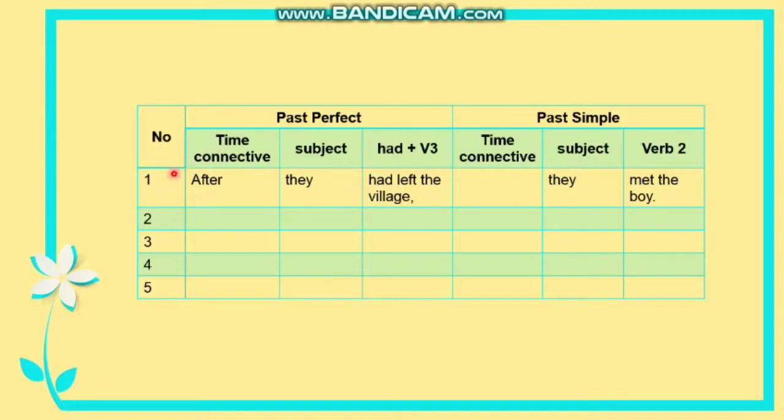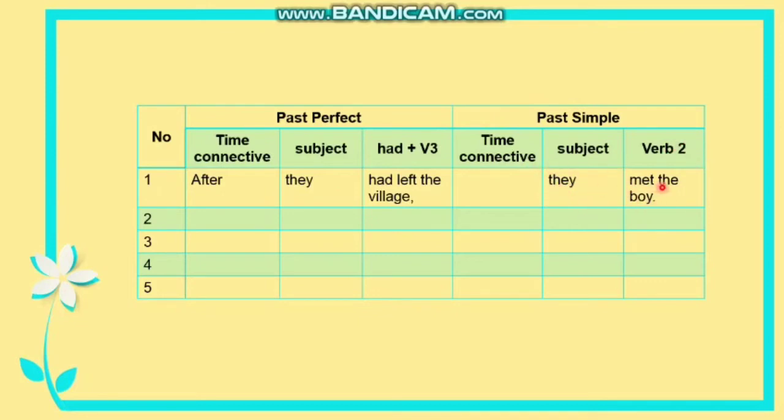Okay, so after is a time connective atau kata keterangan waktu. And then subjeknya adalah they, yang melakukan aksinya adalah they. Kemudian had left the village ini to be-nya dan verb-nya. Kemudian dalam past simple, kalimat past simple-nya ada subjeknya they, kemudian verb-nya adalah met.